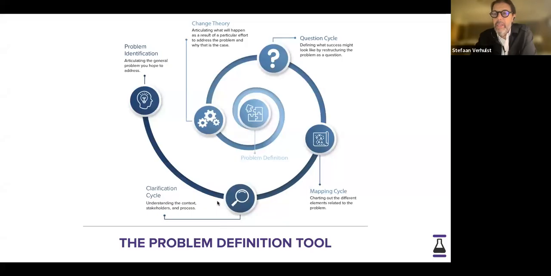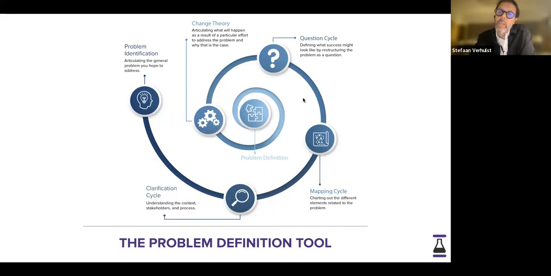which is typically a methodology that we use to get a better sense of what the problem is and why the problem is manifesting, and whether we are actually focusing on the root causes as opposed to the symptoms. And then we do a mapping of all the interdependencies and all the topics that are associated with the problem, so that we can understand what the issue and the topic are that we want to prioritize.